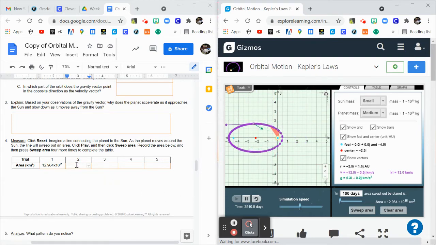Huh. It's the same. Times 10 to the 15. Okay. Let's do it over here. And again, it's the same.